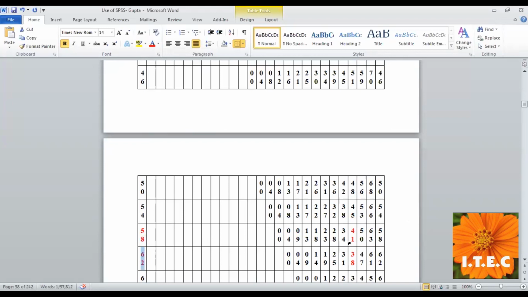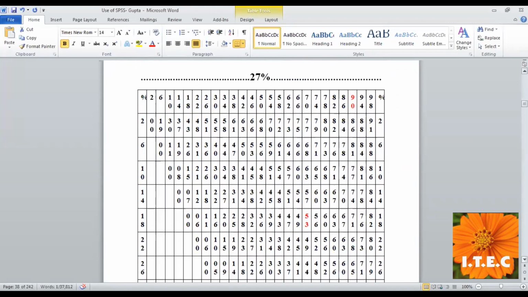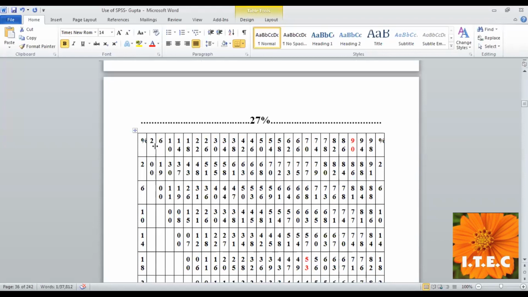So in the 58, the value is 0.41. All these values you have to put point. So here it is 0.38. So I will tell you how to calculate, but you should understand this first. That this is the 2% from the top or 2% from the bottom.